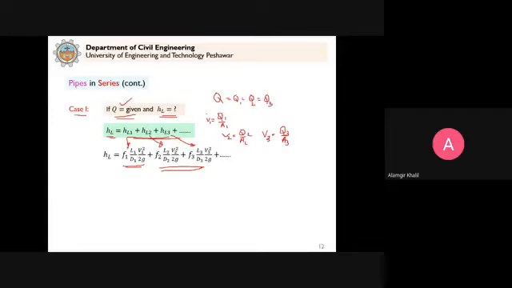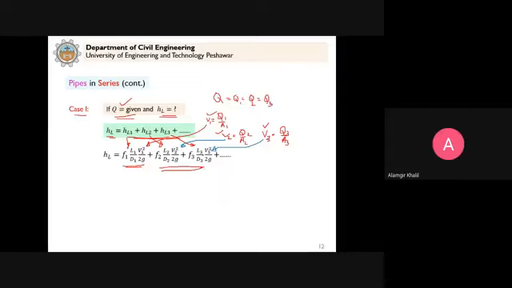So you can calculate V1, V2, V3, and you can put them here. This V1 you can put here, then this V2 you can put here, and similarly this V3 you can put here.